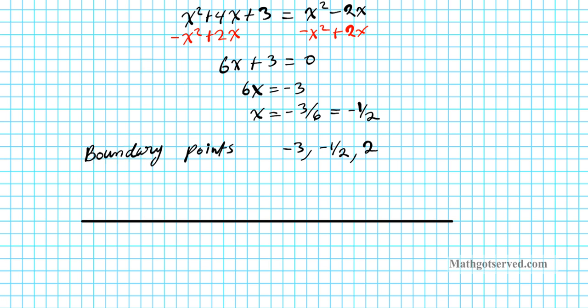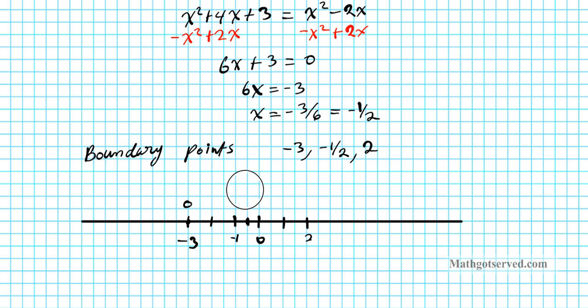Okay, so let's draw ourselves a nice little number line. This is 0, let's put 0 right here, 1, 2, 3. So this right here is -3. This is our first point. I put an open circle here. And then -1/2 is going to be somewhere here, the second boundary point. And then this is -1. And then 2, this would be our third boundary point.